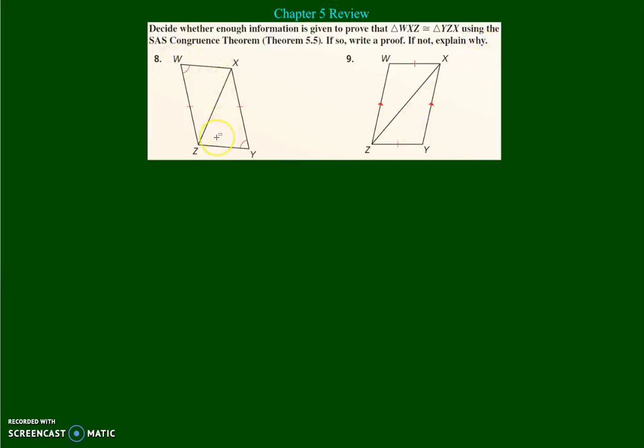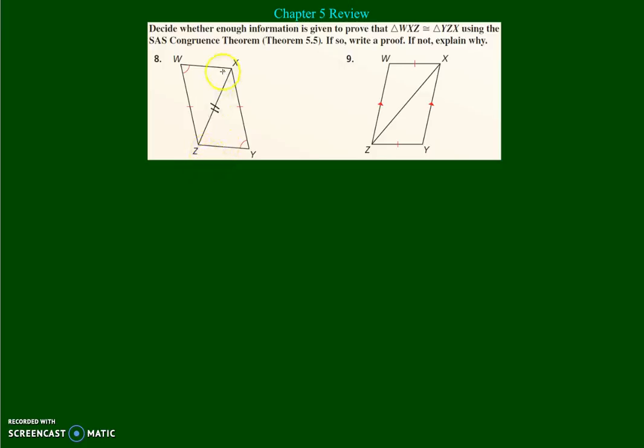Well, in Problem 8, what we know is that this side is congruent to this side, this angle is congruent to this angle, as evidenced by these little marks, and also we know that side XZ is congruent to itself by the reflexive property of segment congruence.